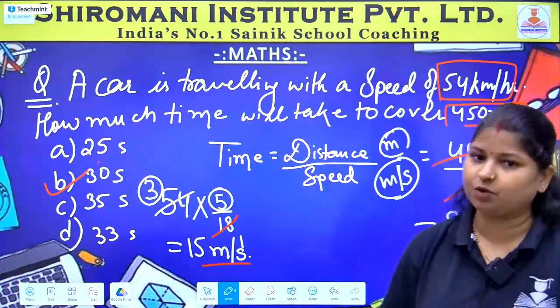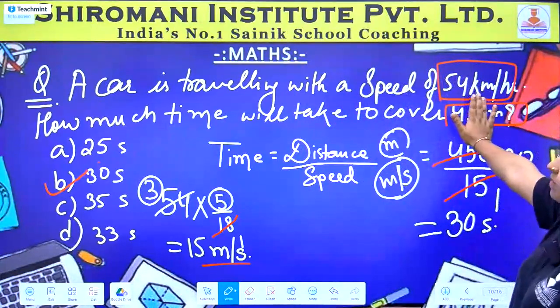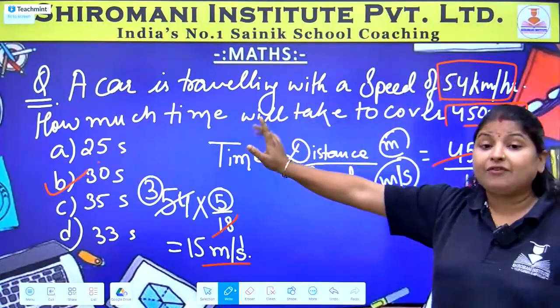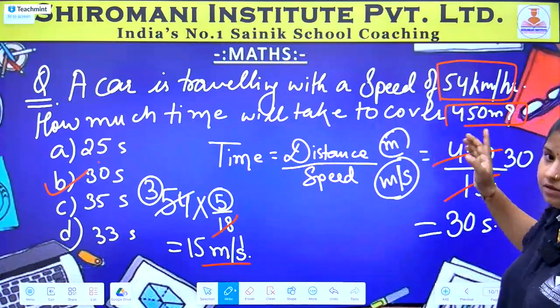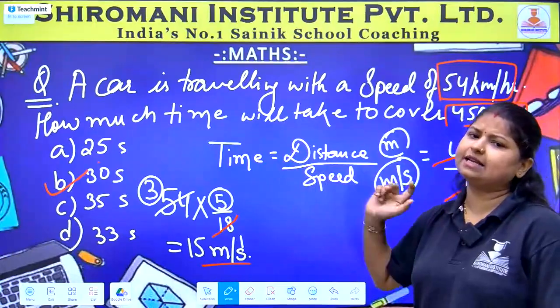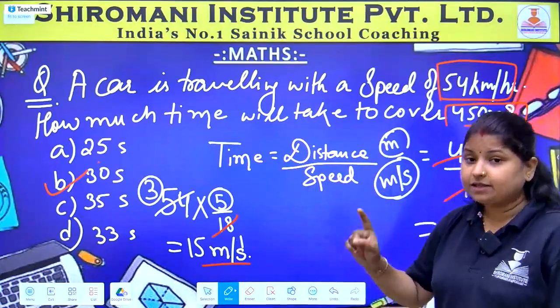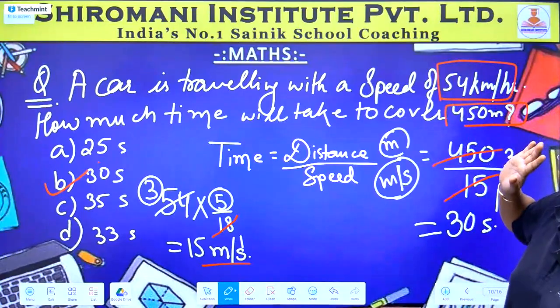I'm explaining this once more for the last time. Car is traveling with a speed of 54 km per hour. I have to find time when distance is given 450 meter. Formula is very simple. I know time is equal to distance upon speed. But distance is in meter, speed is in kilometer per hour.